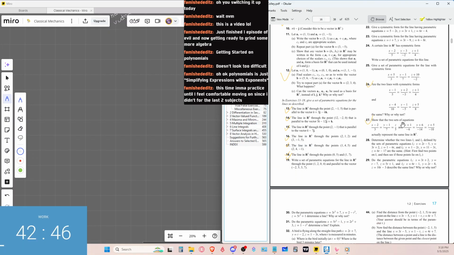Show that the two sets of equations actually represent the same line. Okay, that's actually an interesting question. We could probably try to do that one. Okay, so 20. Oh, that 27 didn't look right.